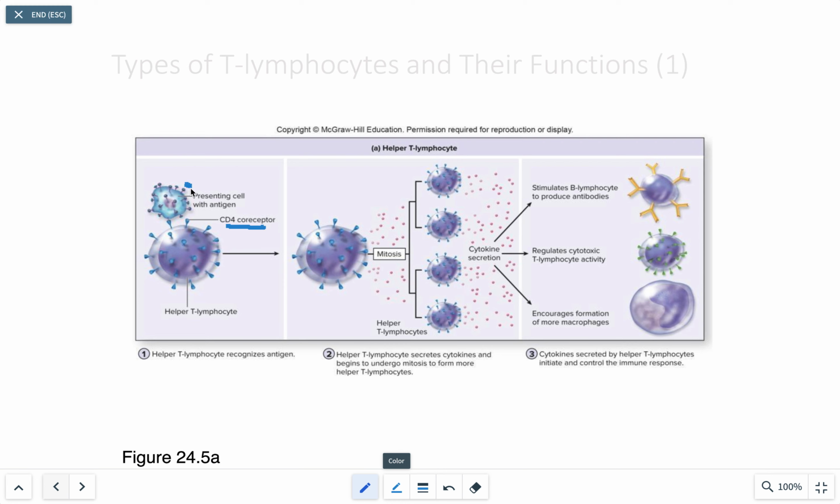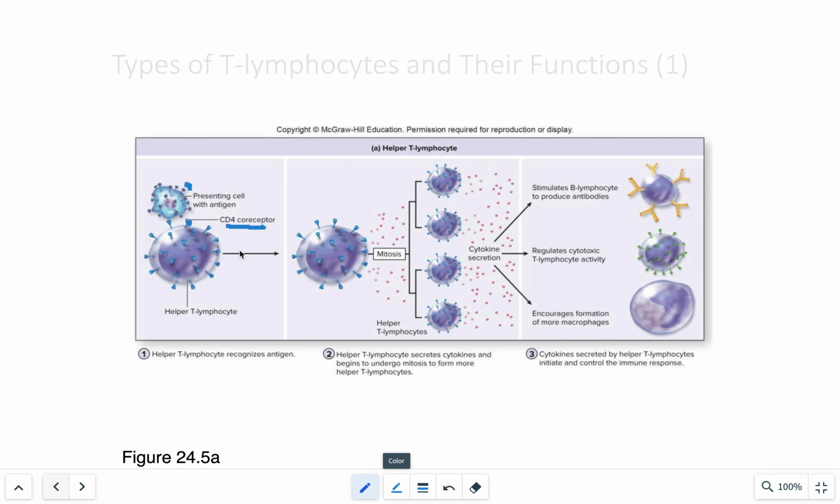So antigens are located on any type of foreign body or pathogen that enters into the human body. For example, the helper T lymphocyte has a CD4 coreceptor located on its plasma membrane here, otherwise known as a T4 cell.